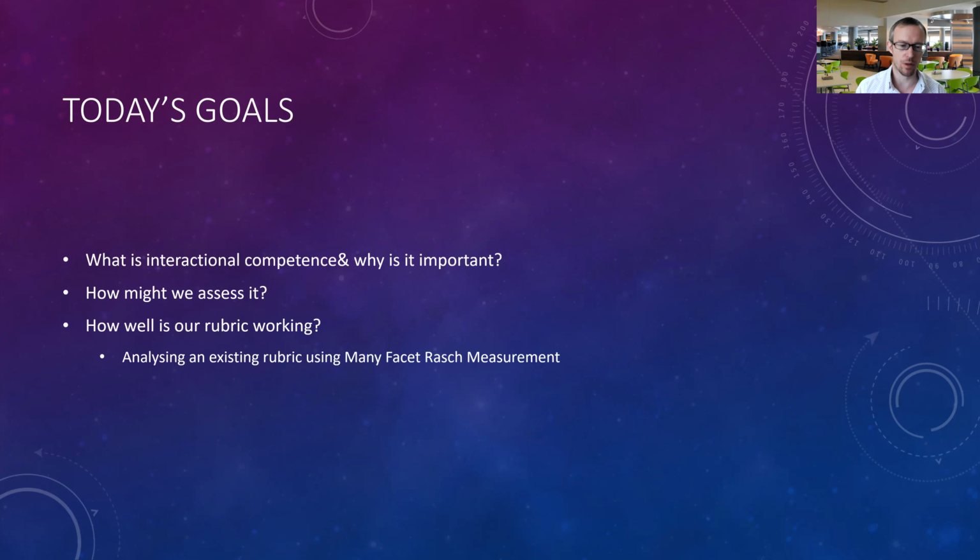So even if you don't know anything about Rasch measurement, you'll still be able to understand what I am talking about. So the information that I present is going to be very accessible. And finally, we'll talk about some recommendations for effective and reliable rubric design. I'm sure you're as excited as I am, so we will get straight into it.